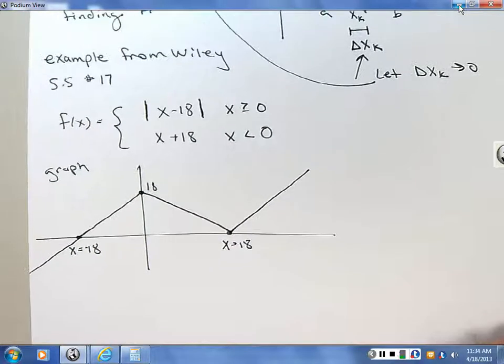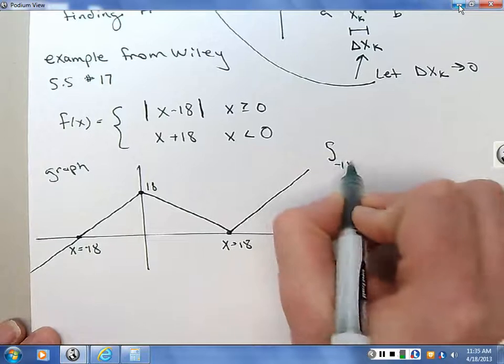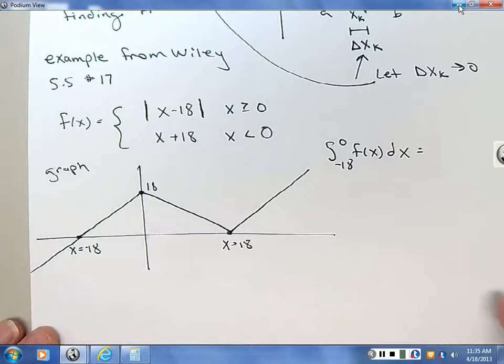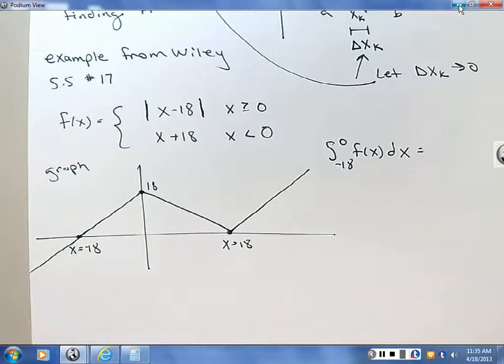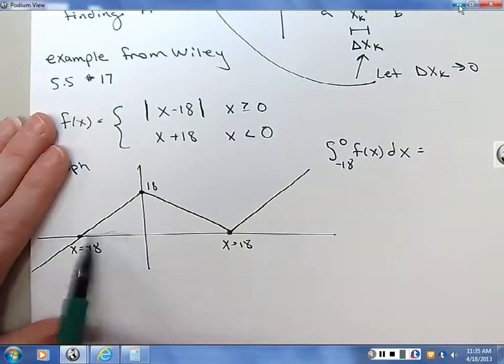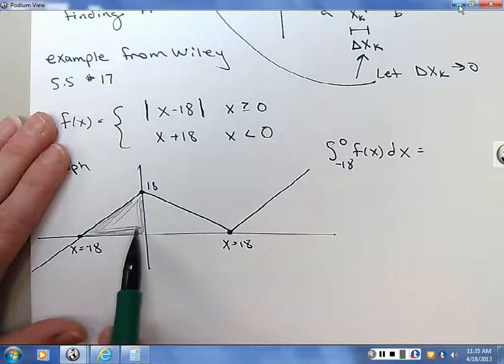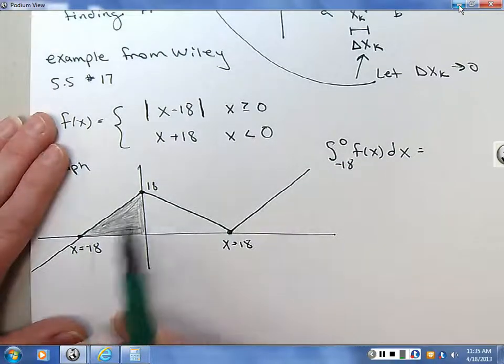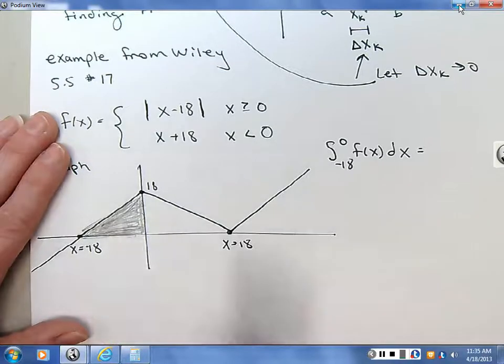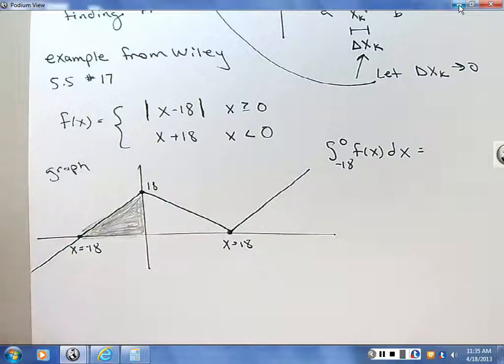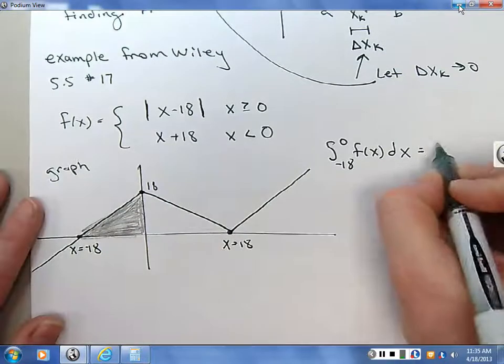If I wanted to find the integral from minus 18 to 0 of f of x dx, what would that be? Yeah, that would represent this specific triangle, right? So this would be the area from minus 18 to 0, which we would know to be 162.